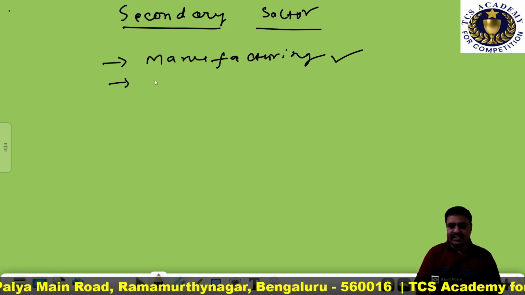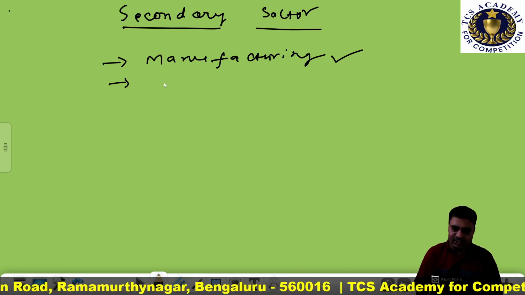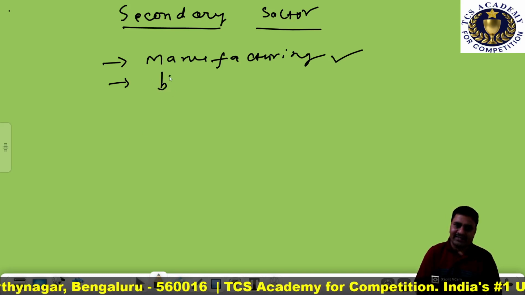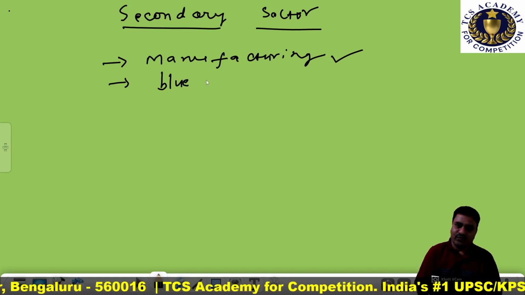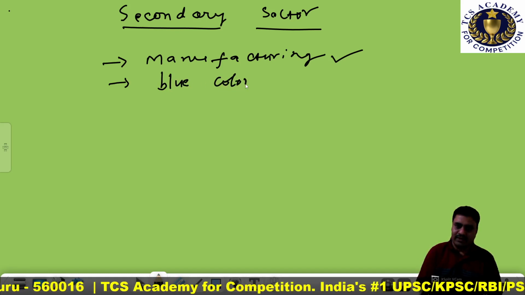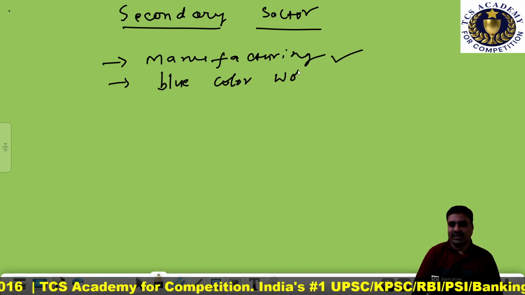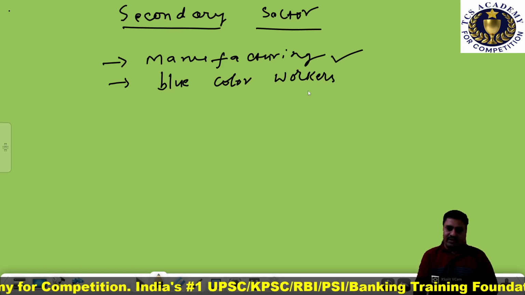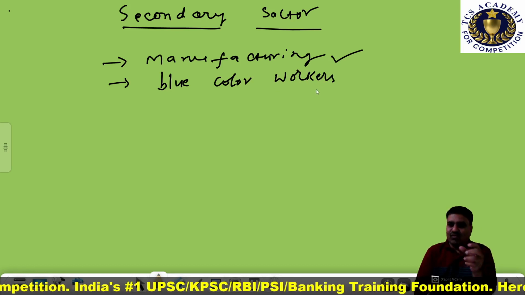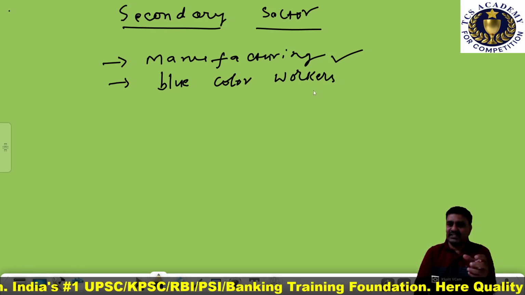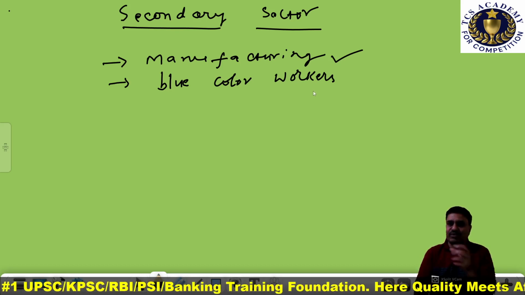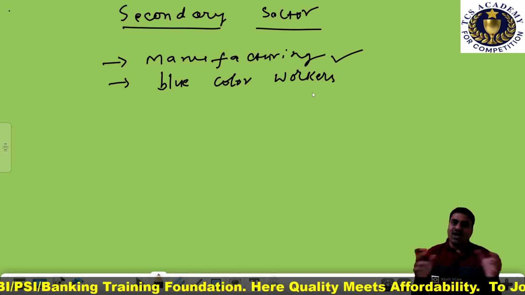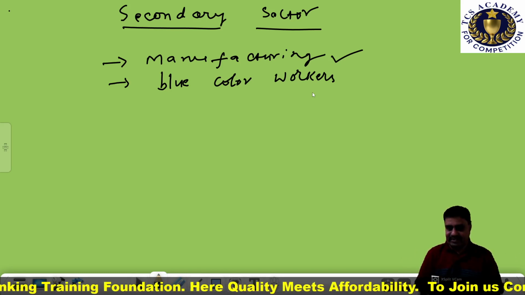Basically, the people who are engaged in the secondary sector are called blue collar workers, right? Why are they called blue collar workers? Because they do not go out for their work.